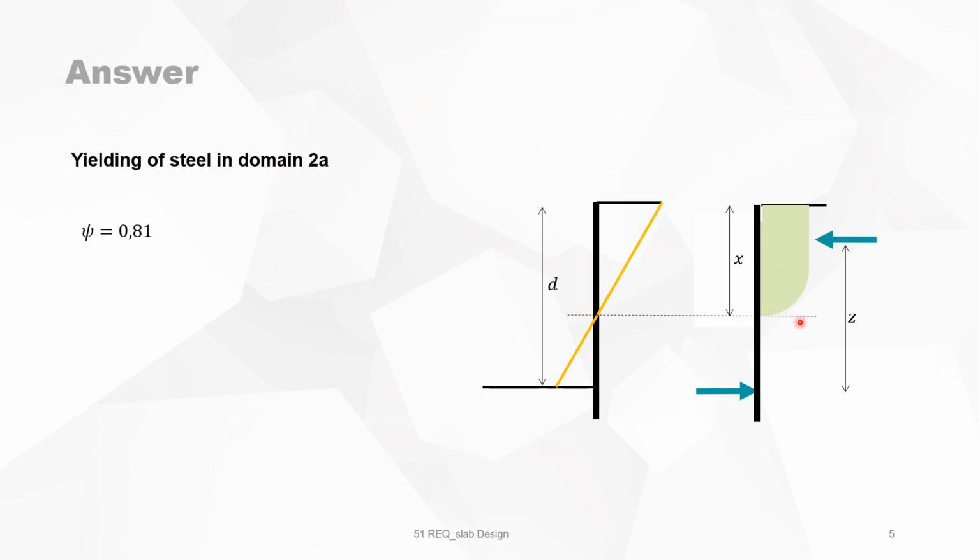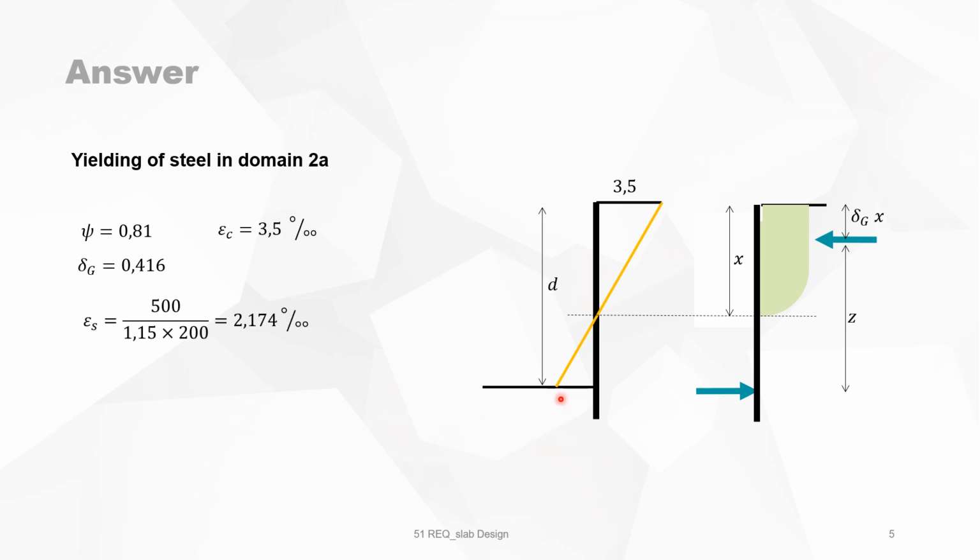In domain 2A, we know that the filling coefficient is constant and is 0.81, and that the position of the concrete compressive force is delta g times x, and delta g is 0.416. Epsilon c on top is maximum, so it's 3.5 per mil.